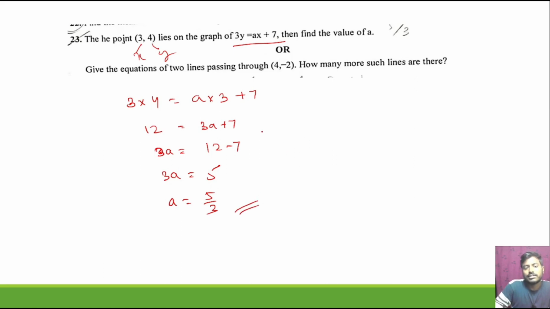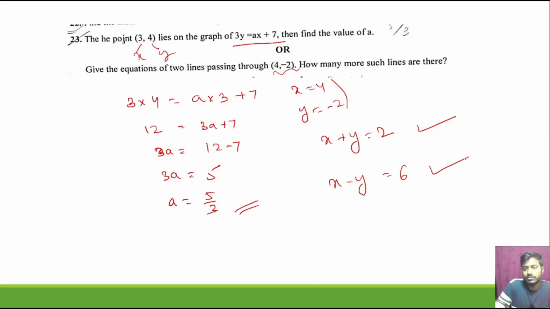Okay. Next question. Give the equation of the line passing through the point. Here x and y are given, that is x equal to 4, y equal to minus 2. Equation means x plus y, solve for 4 plus minus 2, that is 2. So this is one equation. Another equation, x minus y equal to how much? 4 minus minus 2 means plus 6.